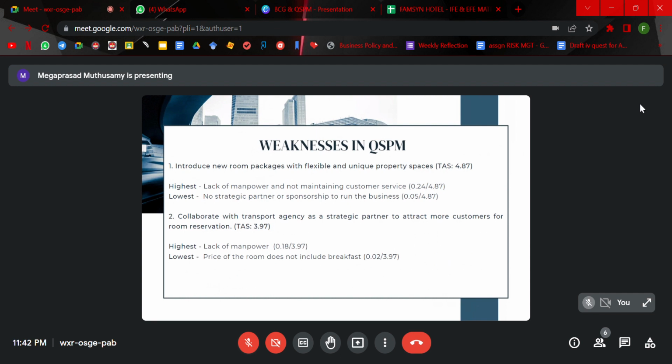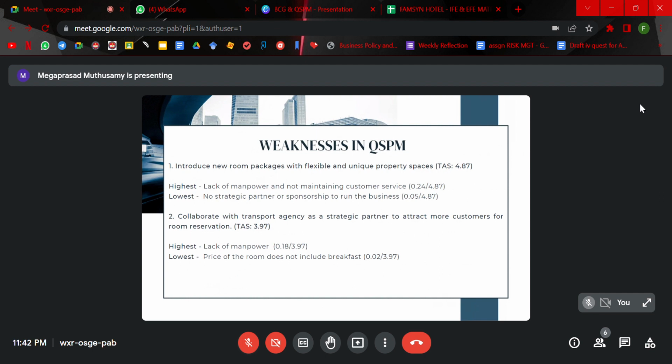Next slide. Okay, this is our weaknesses in the quantitative strategy planning matrix. The highest attractiveness score for the new room package is a lack of manpower and not maintaining customer service, with a value of 0.24 over 4.87, and the lowest score is no strategic partner or sponsorship to run the business, with a value of 0.05 over 4.87.